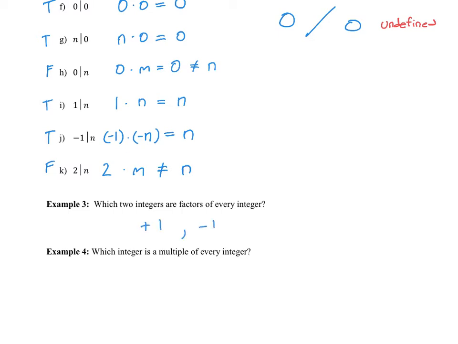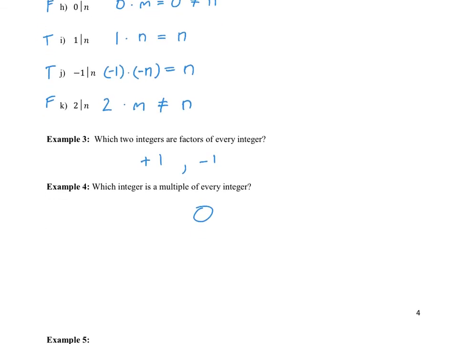They are factors of every integer. Which integer is a multiple of every integer? So in this case, we look for a true scenario where we have an integer that's a multiple of every other integer. So 0 is the answer in this case.